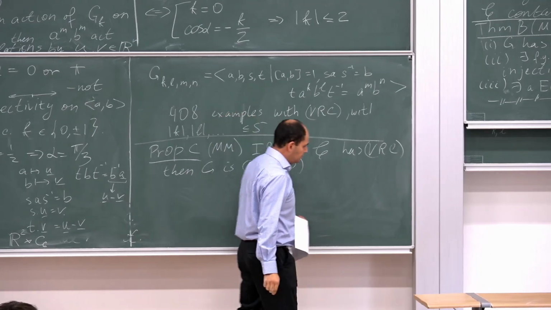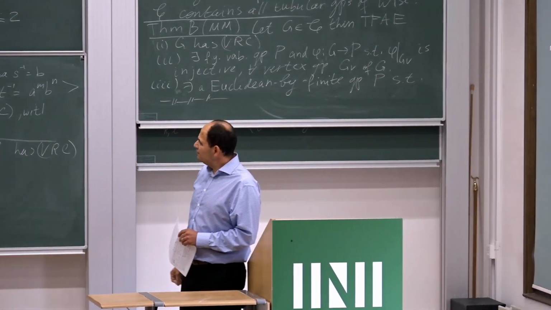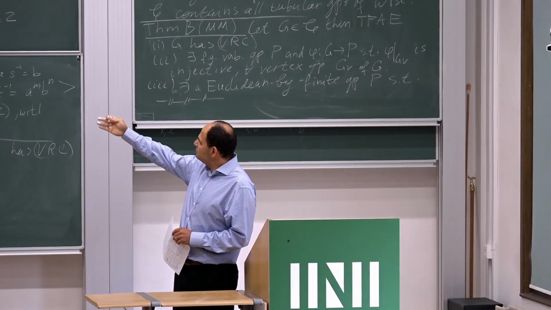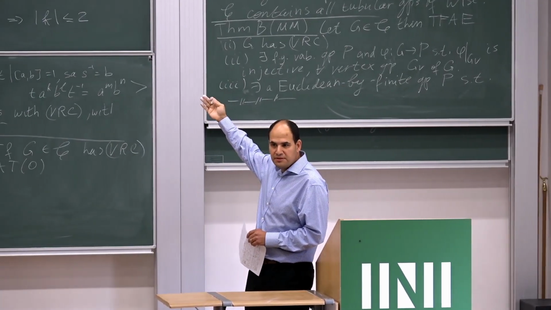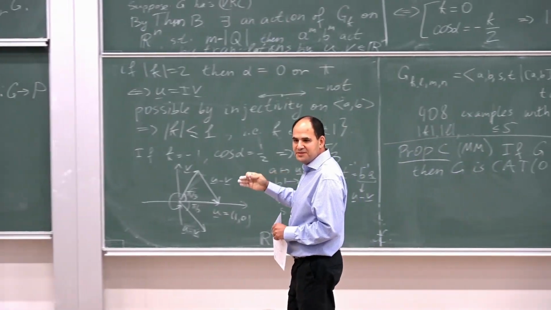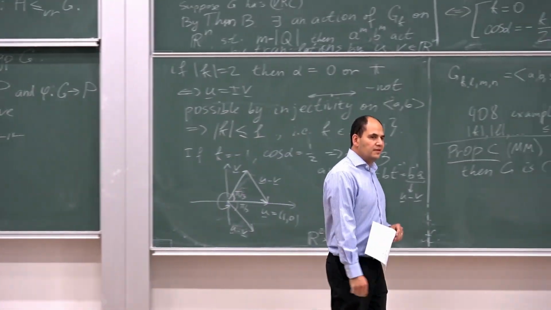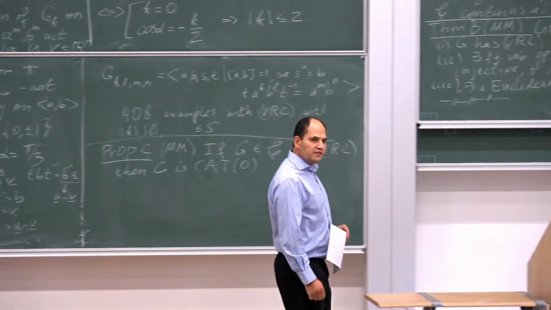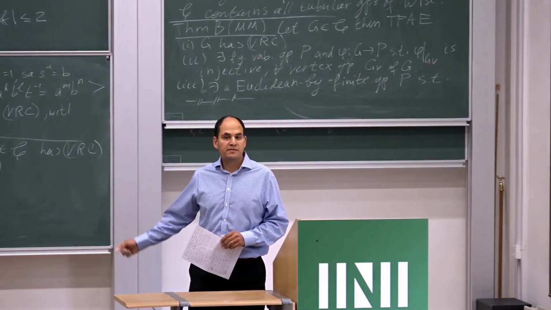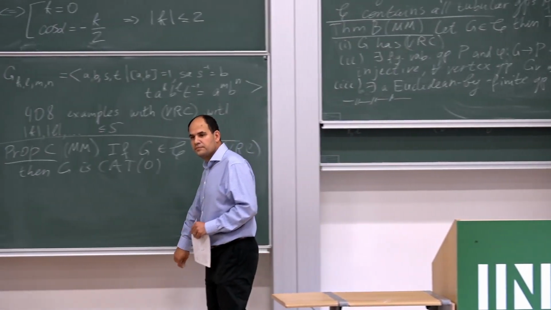So it admits a proper cocompact action on a CAT(0) space. And in fact, you should have recognized what I was doing there, with the norms and the angles. This is what you do usually to show that some group is not CAT(0), right? Precisely. So this CAT(0) is a geometric condition, but it is implied by VRC in this case, in the class C.